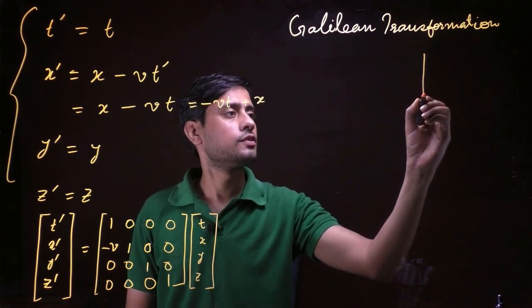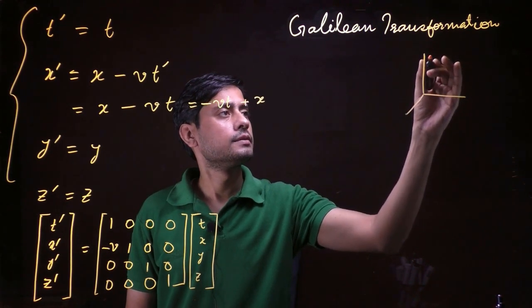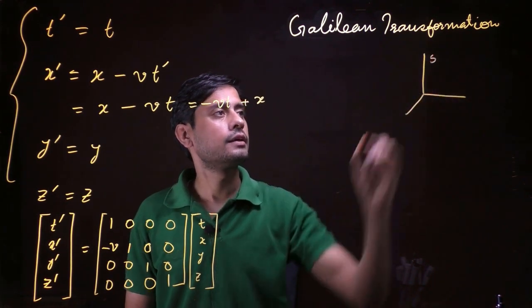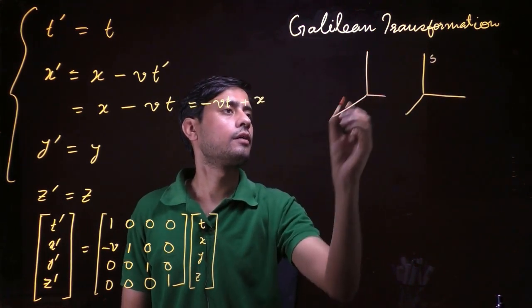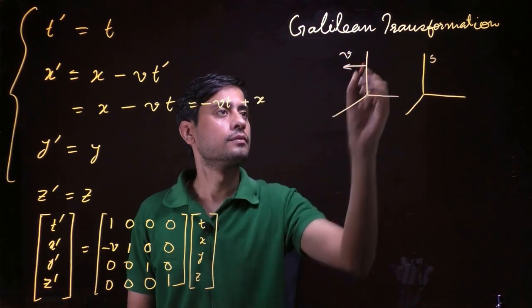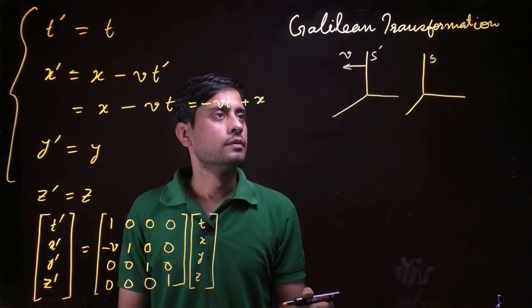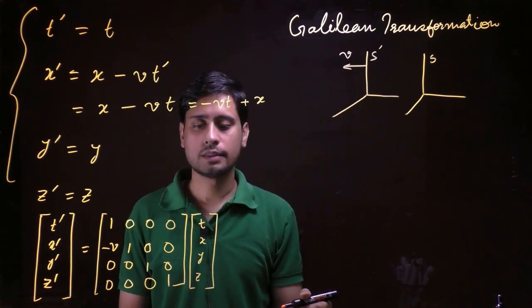If the situation is somewhat different, like this: S is at rest here and the S prime is going in backward direction. Then the direction of velocity is in negative direction.